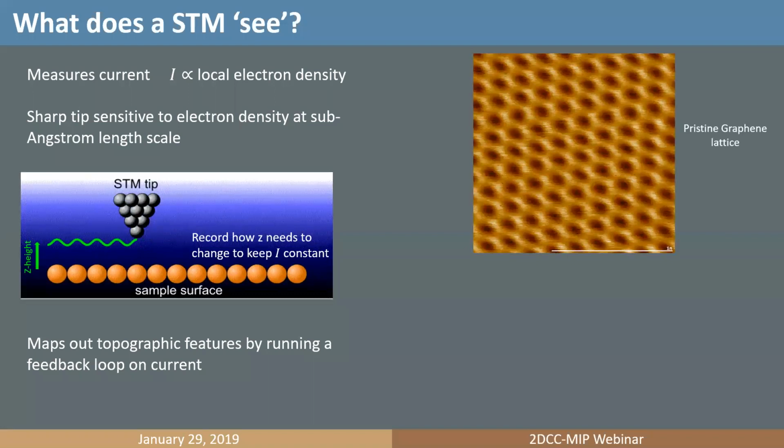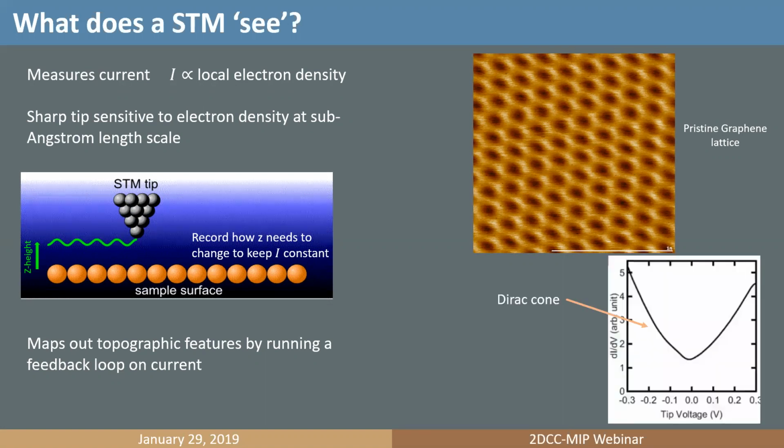This is an STM topography image of a graphene lattice. You can see the hexagonal lattice. And if you measure the dI/dV, we stop at each point, change the voltage and measure the resultant current. This is how it looks. It is V-shaped, which is a remnant of the Dirac cone in graphene.